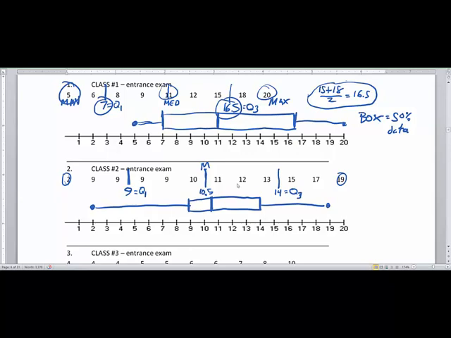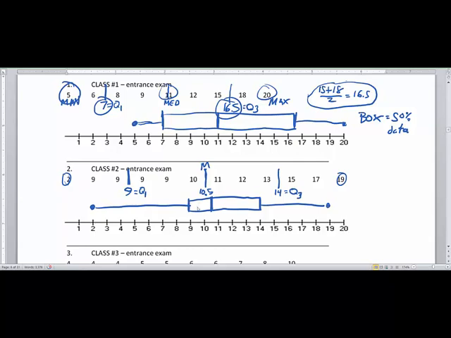So if I was to compare these two classes, I would say that the middle 50% of this class is actually pretty close together compared to the middle 50% of this class. Now, my whiskers are longer, especially here, to say that my extremes are more extreme. Now, if you can see the actual data, you can see that that whisker is long because of that 1, 2 value.